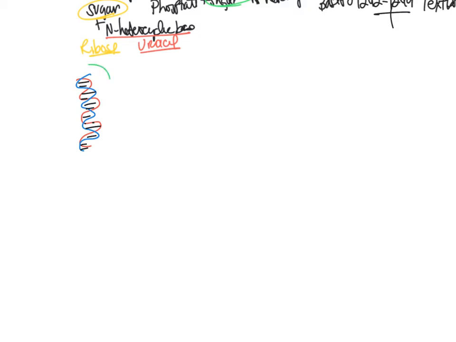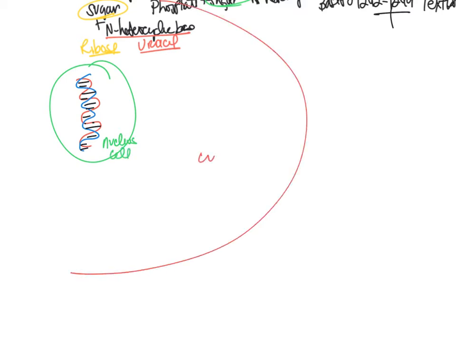It's large. It's in the nucleus of the cell. Okay, so if this is your cell, this is your cytoplasm, these strands will come apart with the help of enzymes, and you get these pairs here.